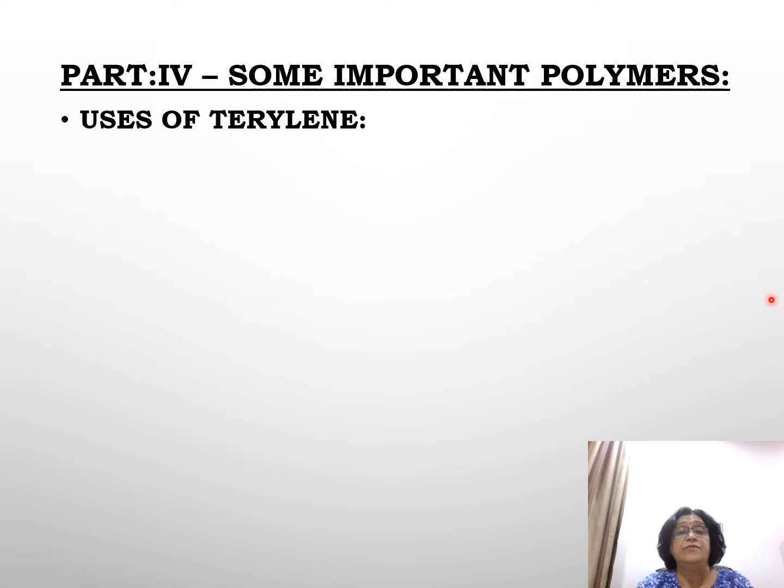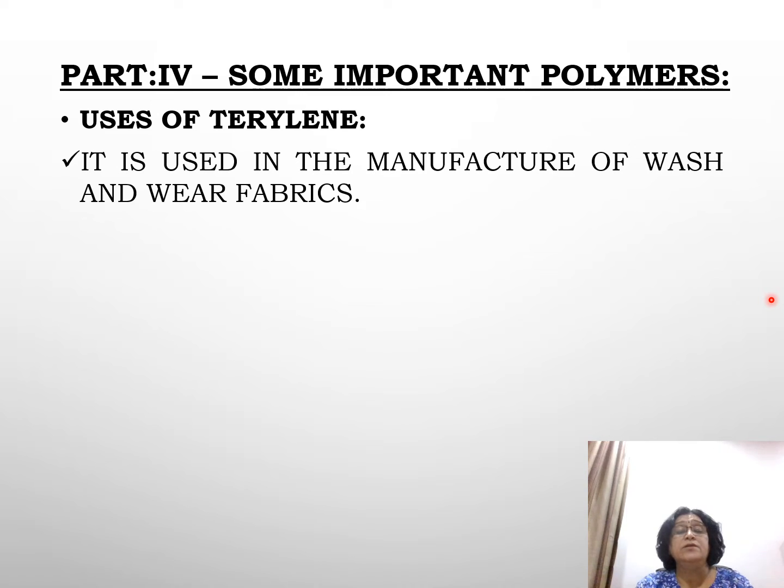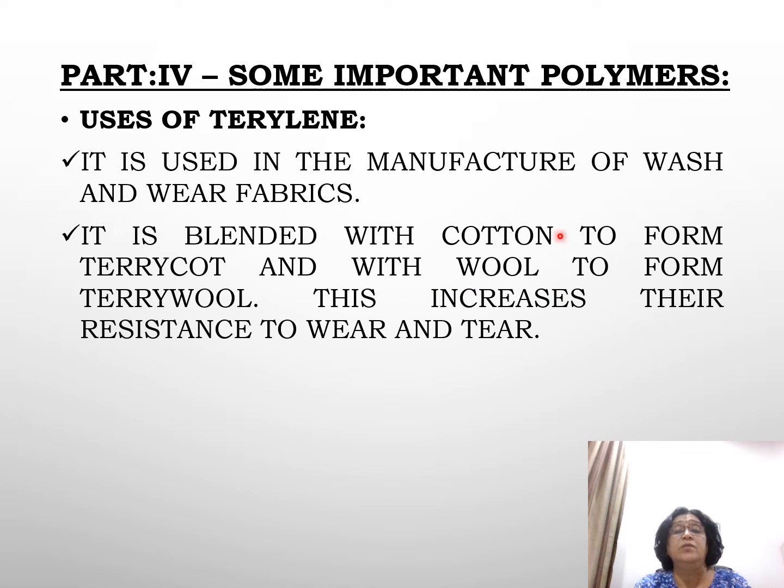So now uses of terylene. It is used in the manufacture of wash and wear fabric. That is a fabric which after wash can be worn immediately because it is crease resistant. It is not required to iron it and then wear it. Then when it is blended with cotton, it forms terrycot. When it is blended with wool, it forms terry wool.